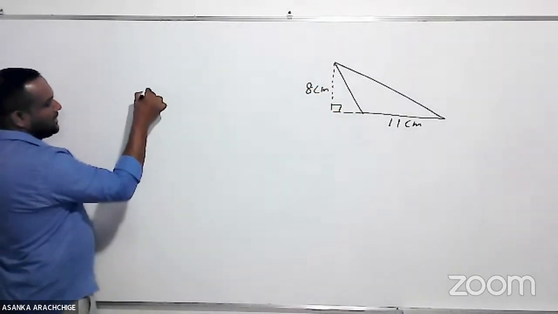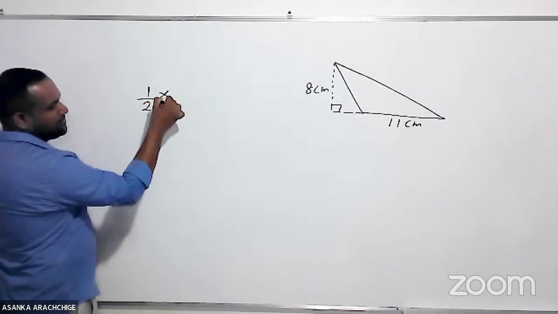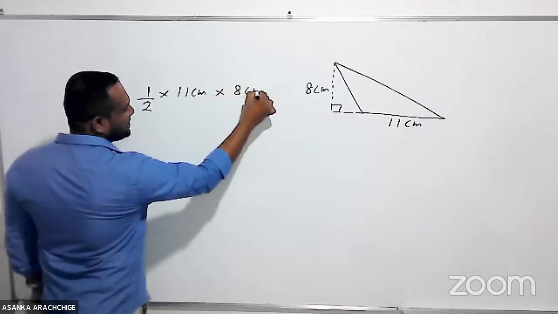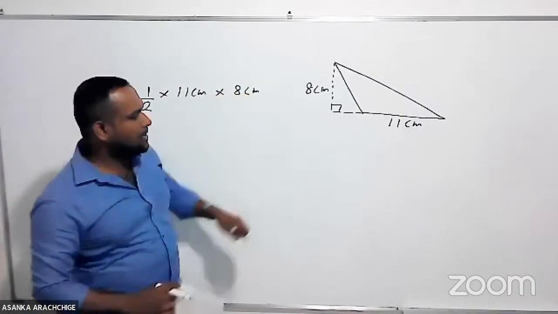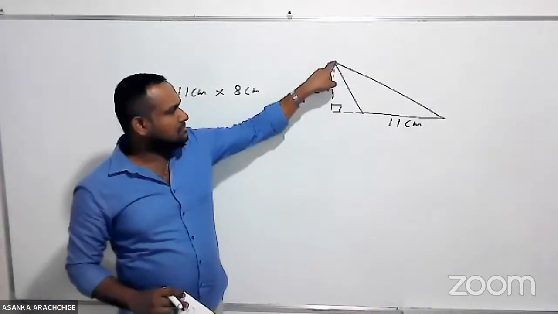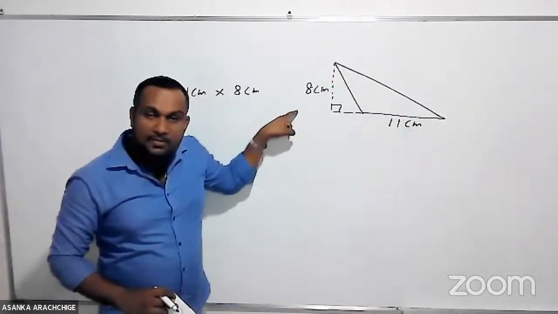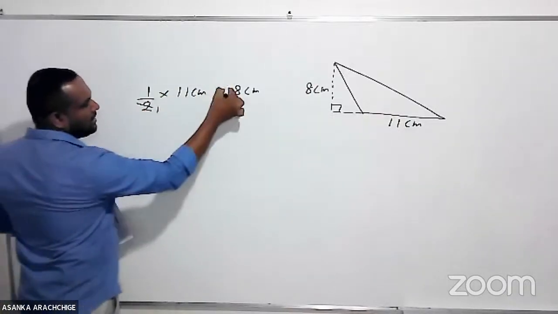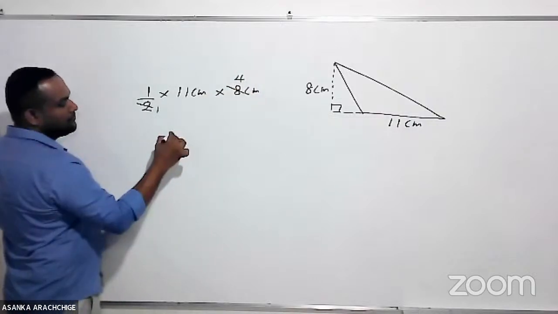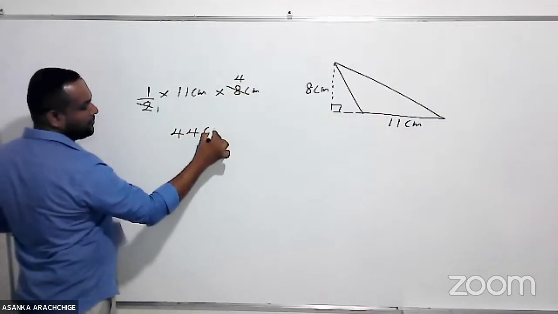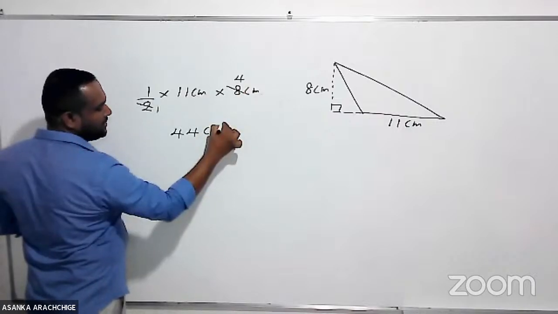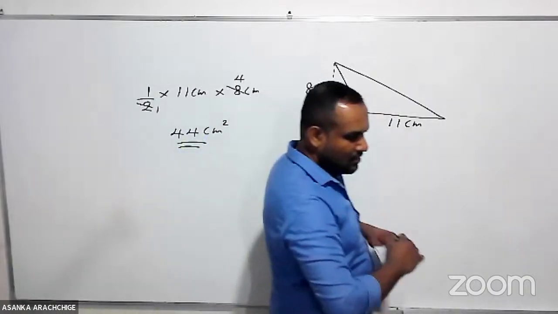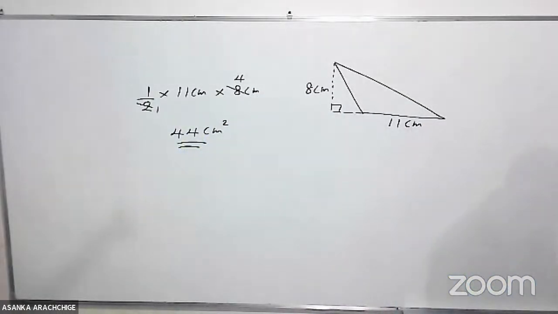So area is half into base 11 centimeters into the length of the perpendicular from this vertex to the level of the base, that is 8. 2 times 1, 2 times 4, 44 square centimeters. 44 square centimeters.